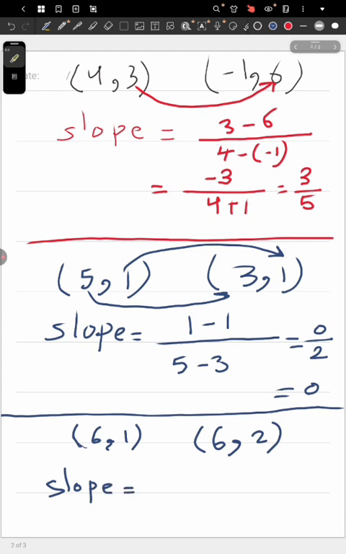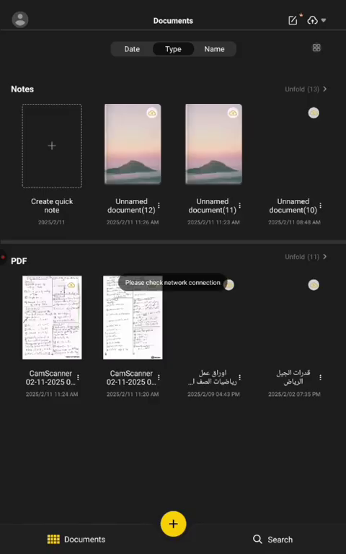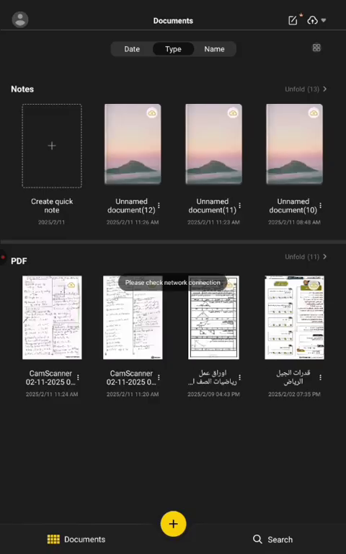You must begin from the second ordered pair. 1 minus 2, 6 minus 6, or -1 over 0 is undefined, not a number, divided by 0. Those 3 examples are important to find the slope of any straight line by giving 2 points.